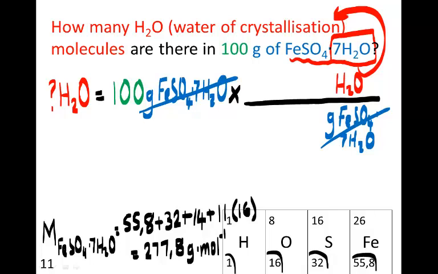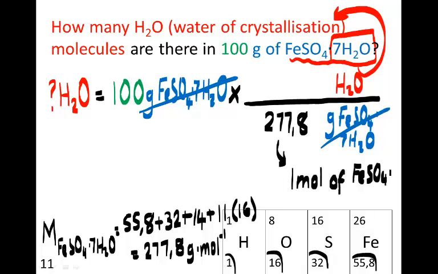If we have 277,8 grams of iron sulfate, then we have 1 mole of iron sulfate with water of crystallization. The top of this conversion factor must refer to the same amount of substance as the bottom. In other words, it must also refer to 1 mole of iron sulfate with water of crystallization.